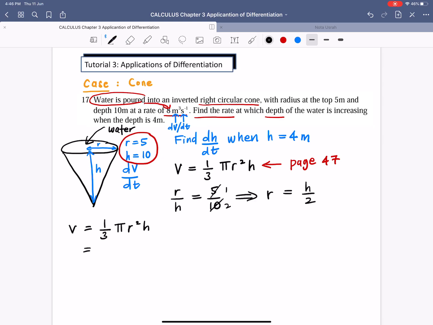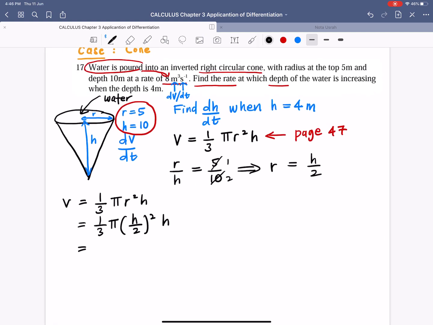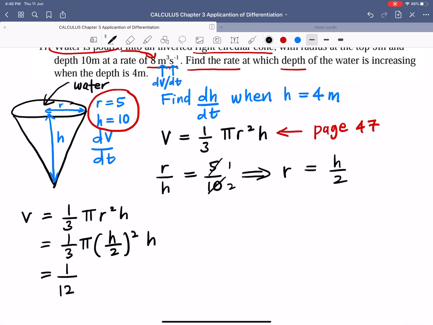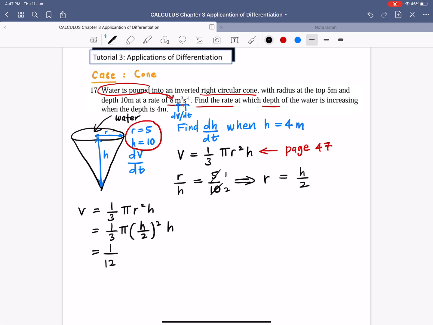Then we have V equals 1 over 3 pi (h over 2) square times h, which equals 1 over 12 h cubed pi. So now our formula for the volume has only one variable left on the right hand side.